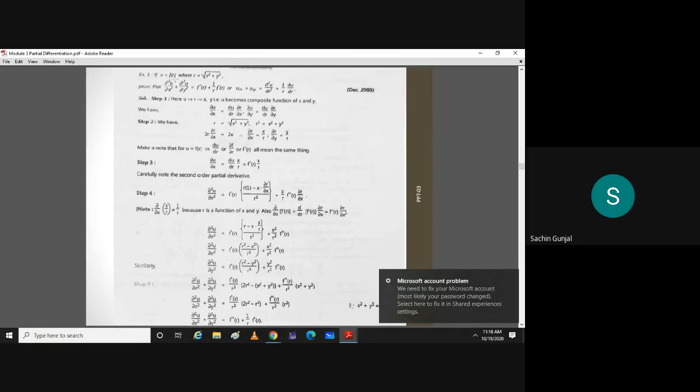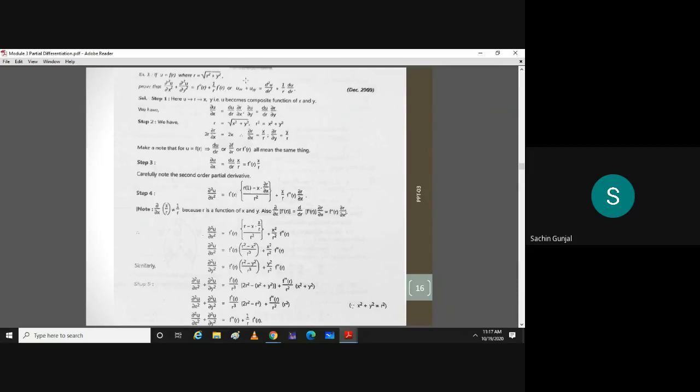So u is equal to f of r, where r is under root x square plus y square. And you need to show that u_xx plus u_yy is equal to d2u by dr2 or f double dash of r plus 1 by r into f dash r. I repeat, u_xx plus u_yy is equal to f double dash r plus 1 by r into f dash r.